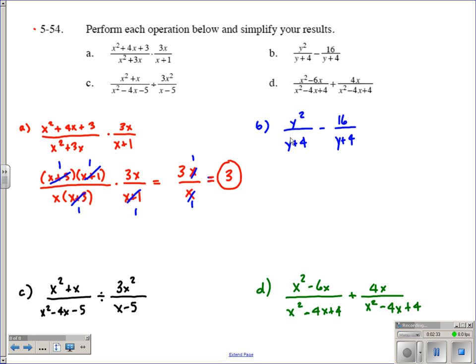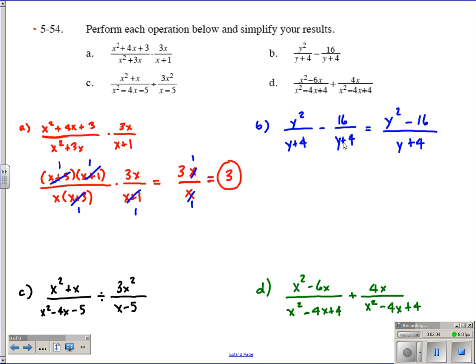Let's move on to B. B says y squared over the quantity y plus 4, minus 16 over y plus 4. There is nothing here that can be factored. Now that we have subtraction, we need a common denominator, and we're going to rewrite this as one fraction: y squared minus 16 all over y plus 4.